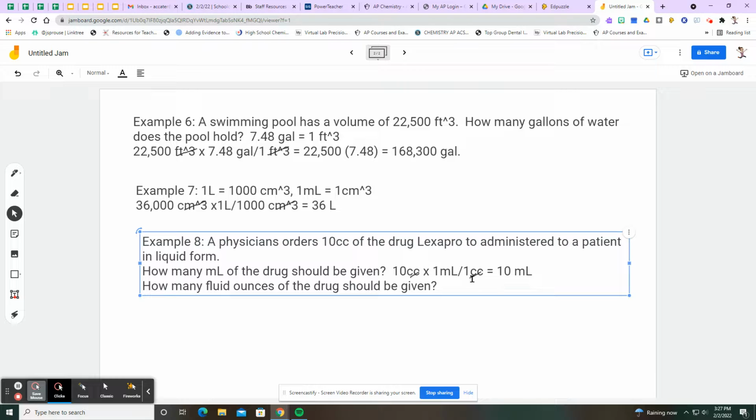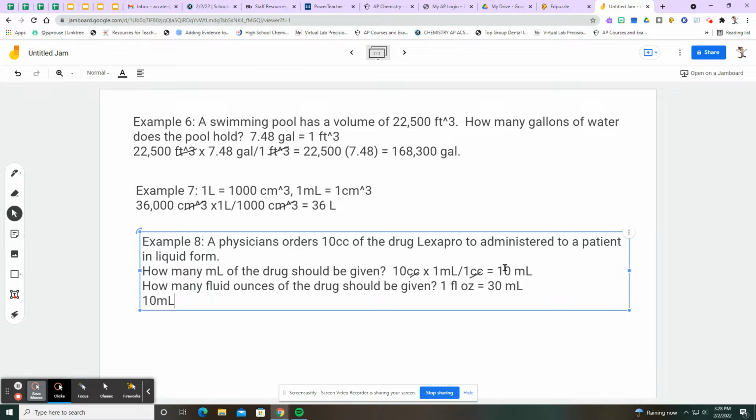And then we need to know, all right, well, how many fluid ounces is that? Well, then you look up that 1 fluid ounce is equal to 30 milliliters. Again, that's a conversion I would not expect you to know. And then we just do the same thing. We set up our conversion, our unit multipliers, and we work it out. So we start with 10 milliliters because that's what we know. 10 cc's is the same thing as 10 milliliters.